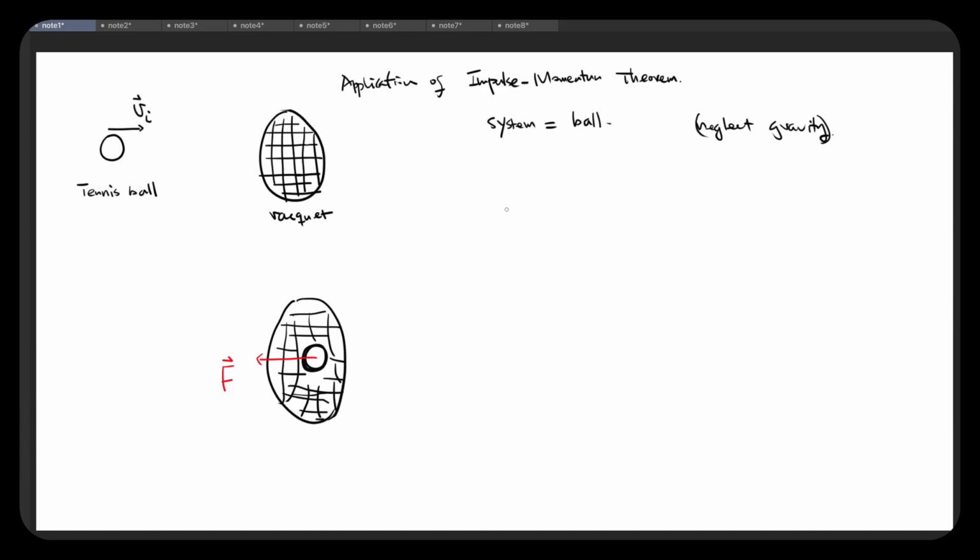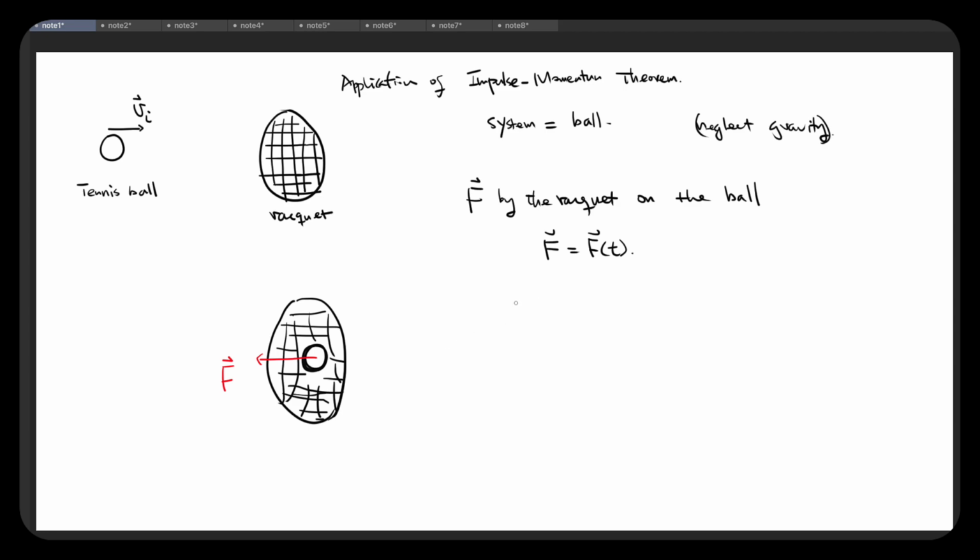So this force, by the racket on the ball, changes with time. So it's a function of time. And this time can also be translated into the deformation of the string, right? The more deformation, the larger the force.